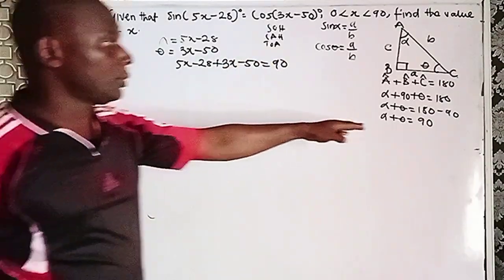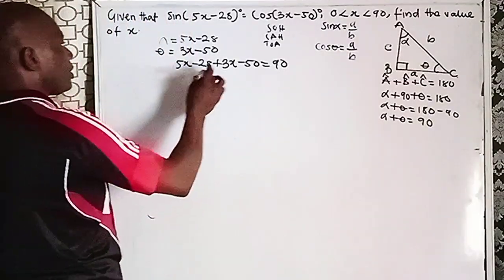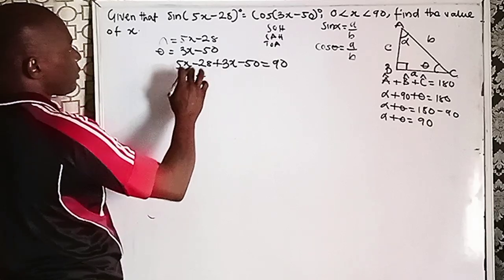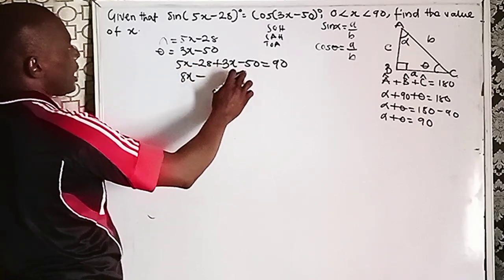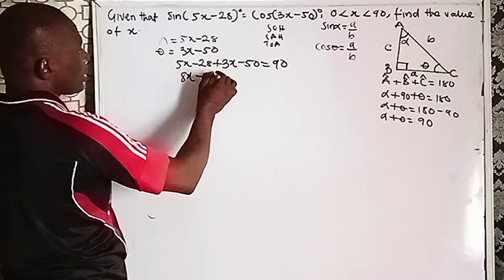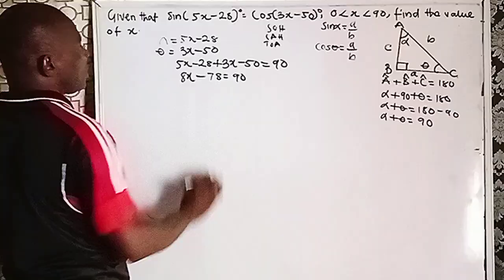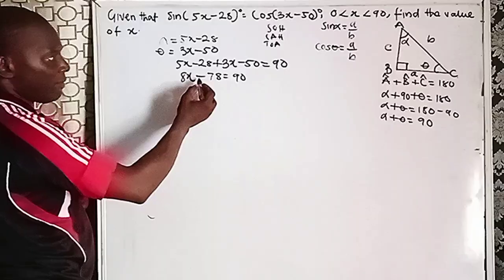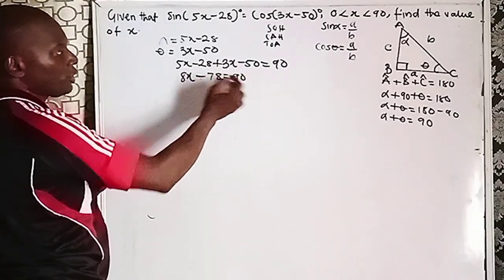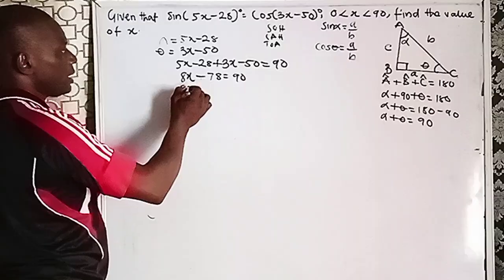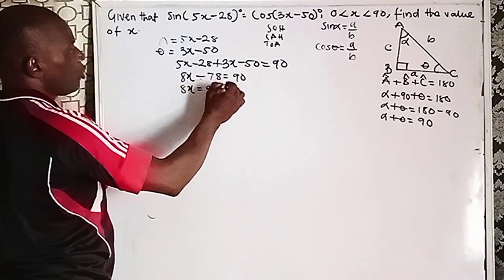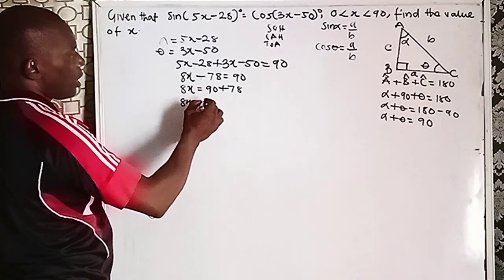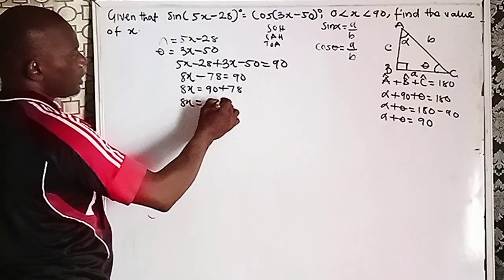From here, 5x plus 3x is 8x, and minus 28 minus 50 is minus 78, equals 90 degrees. Now we collect like terms. The negative moving to the other side becomes positive, so 8x equals 90 plus 78, which is 168.